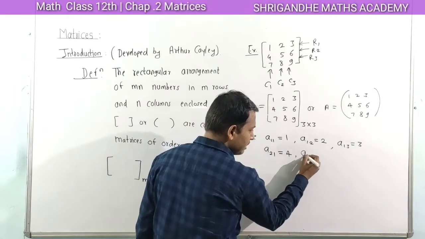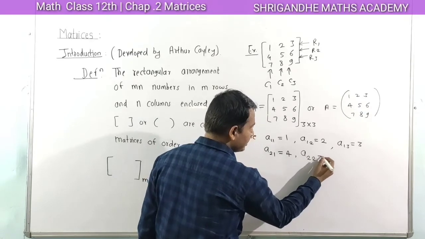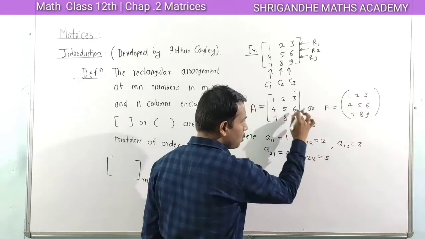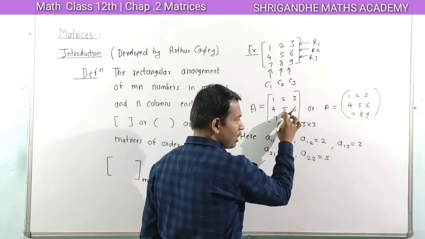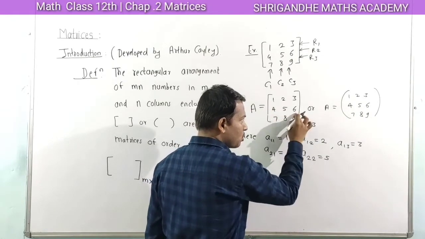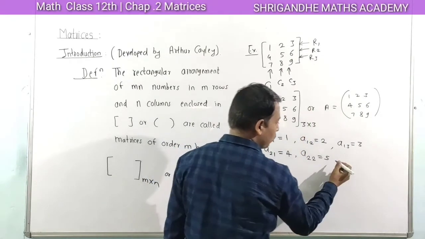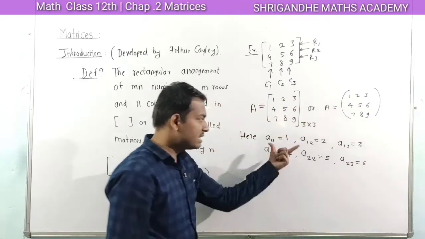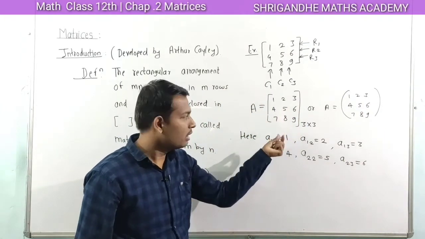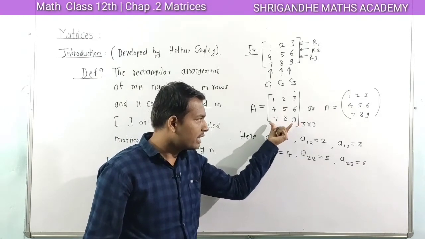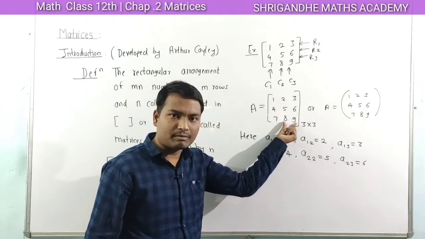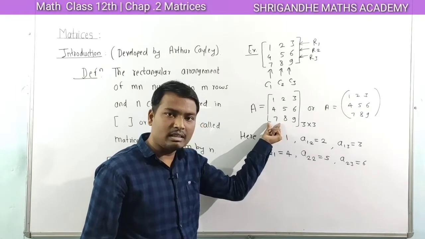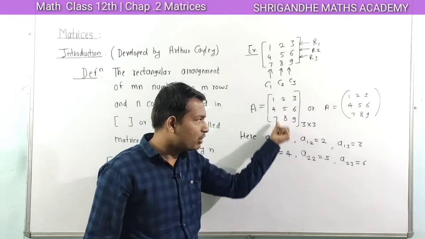The element in second row and second column is equal to 5, and the element in second row and third column is equal to 6. Therefore A23 is equal to 6. And similarly, the same method for the third row. This third row contains the 3 elements 7, 8, 9. The first element 7 lies in the third row and first column.